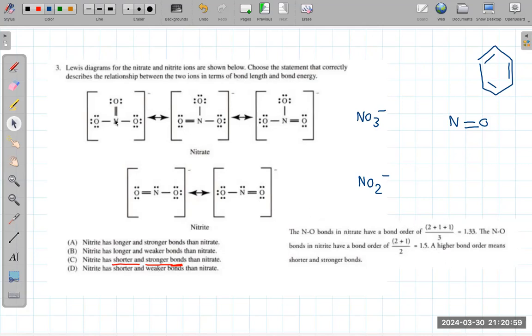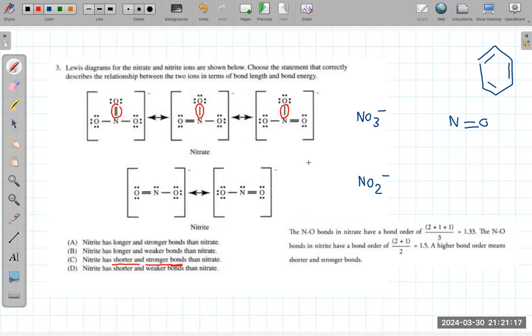This is the NO bonds. This is 2 bonds, right? And then next time it is 1 bond, and then last time it is 1 bond.